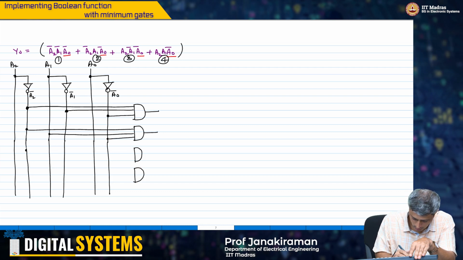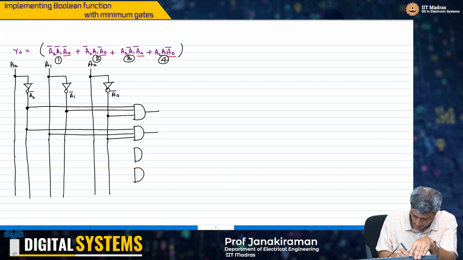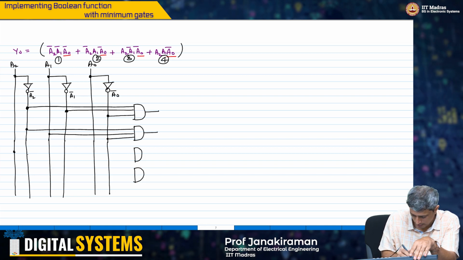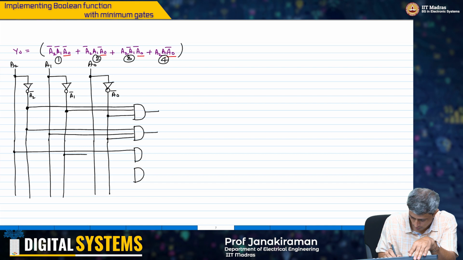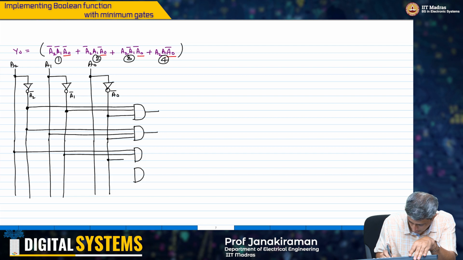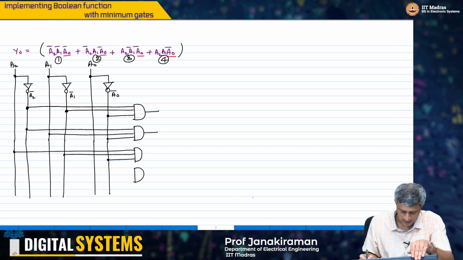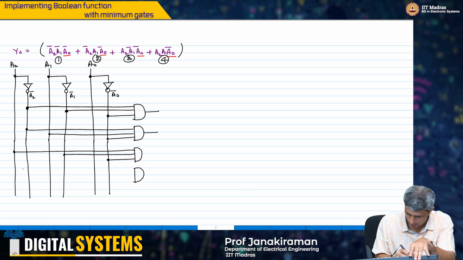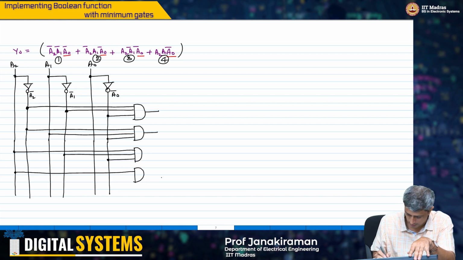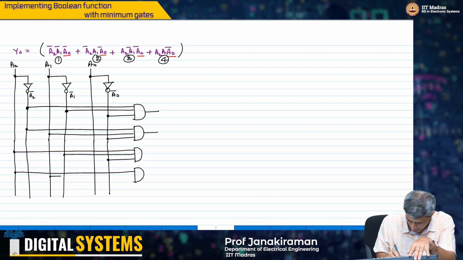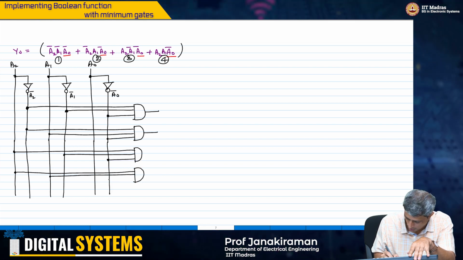Then I have the third AND gate, which basically is, no, sorry, this is wrong, because this has to come from A2. I need A2, A1 bar and A0 bar, okay? And then I have A2 again, A1 and then A0 bar, okay?